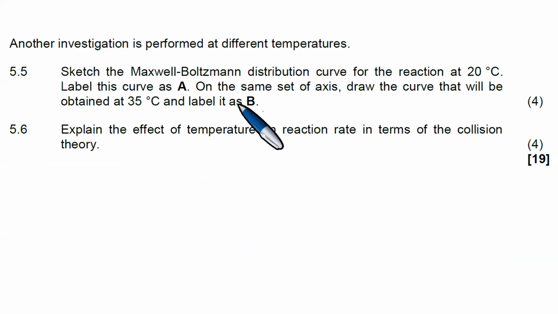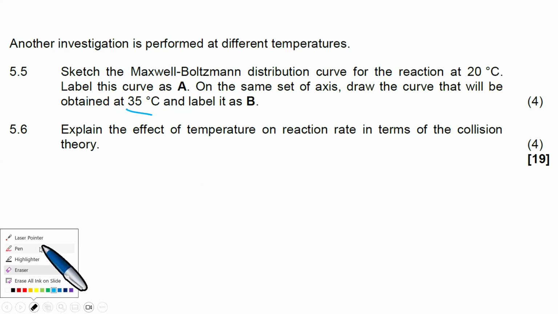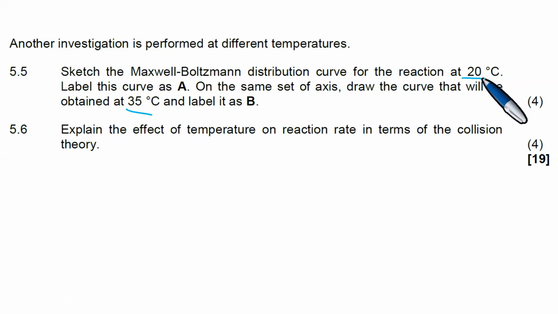Label this curve as A. On the same set of axes, draw the curve that will be obtained at 35 degrees Celsius. Label it as B. So you have those two temperatures.